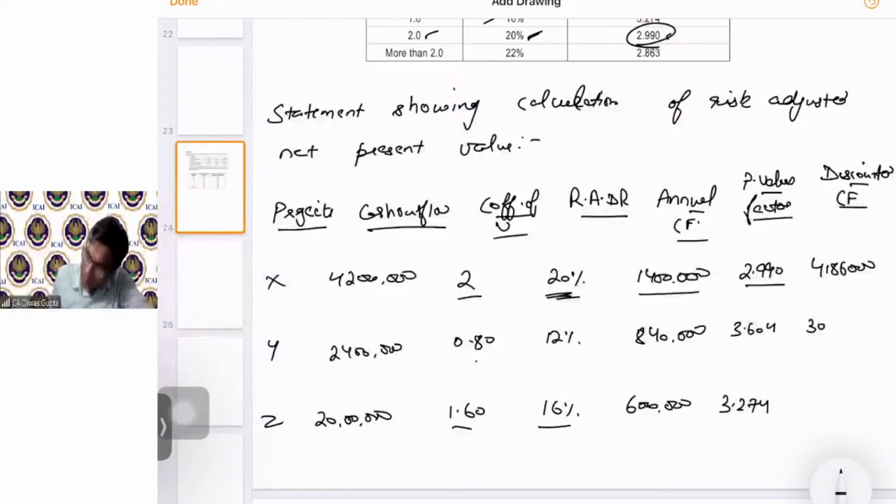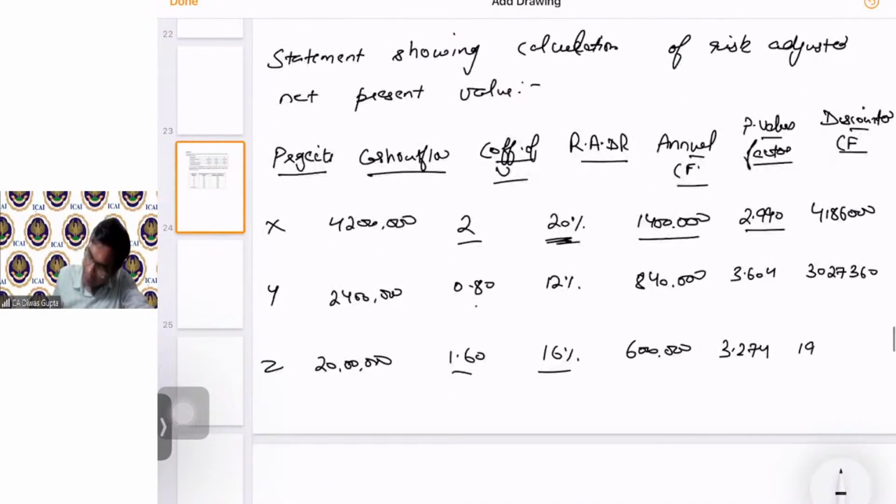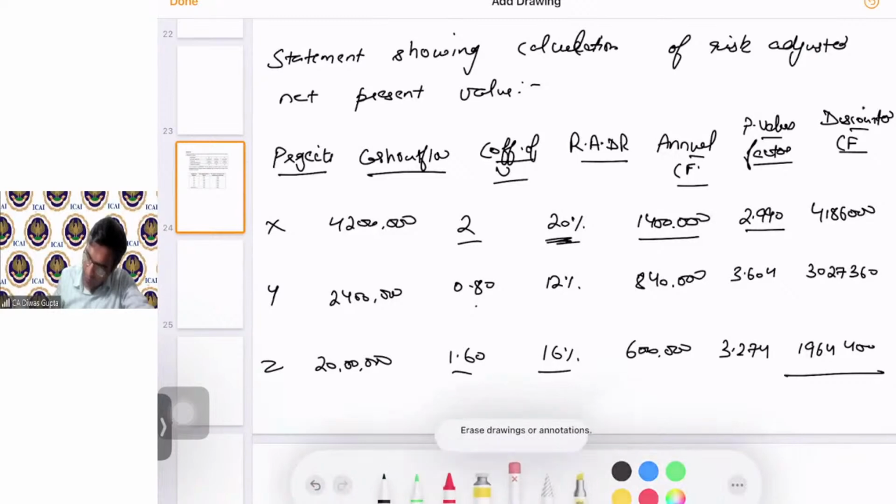Then it is 30,27,360, and 19,64,400. In totality is not needed. There is no total needed because these are all different projects.